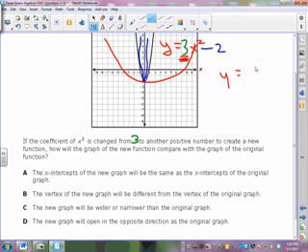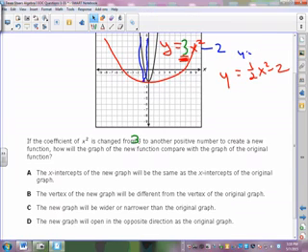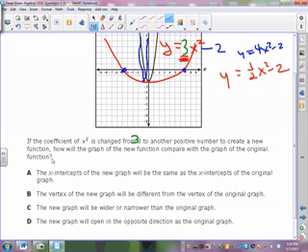For example, if it was y equal to half x squared minus 2, you get a real wide graph. Y equal to 4x squared, you get that narrow blue graph. What happens in this case is the x-intercepts would be different because it gets narrower or wider. The x-intercepts are going to be in a different place. The vertex will still be the same.